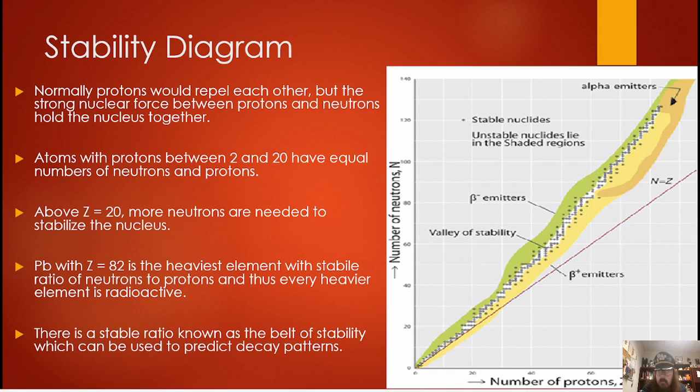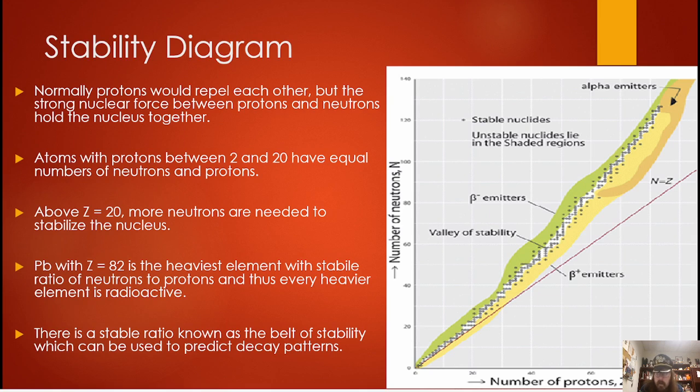When it's below the belt, it means we have too many protons and not enough neutrons. And so it needs to undergo either positron emission or electron capture. When it undergoes those, it converts a proton into a neutron, and so it moves diagonal up left to get back to the belt.